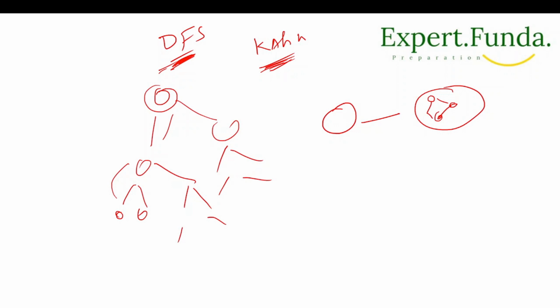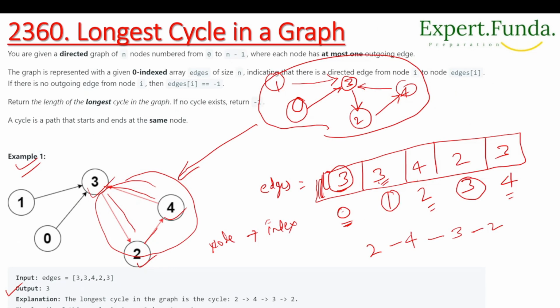Okay, so a node cannot be part of another cycle because it only has one outgoing edge, correct? If we talk about this one, we have 3, 4, 2, right? If you take any of these nodes, 3, 4 or 2, you can see that 3 has only one direction, that is to 2, right?